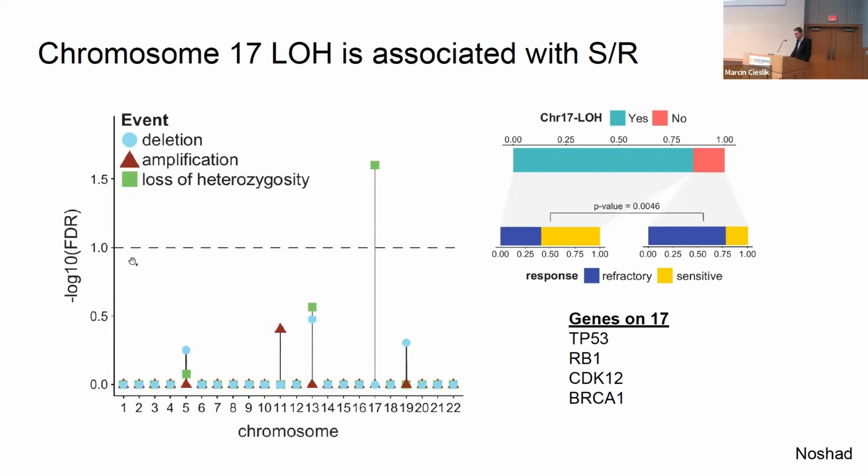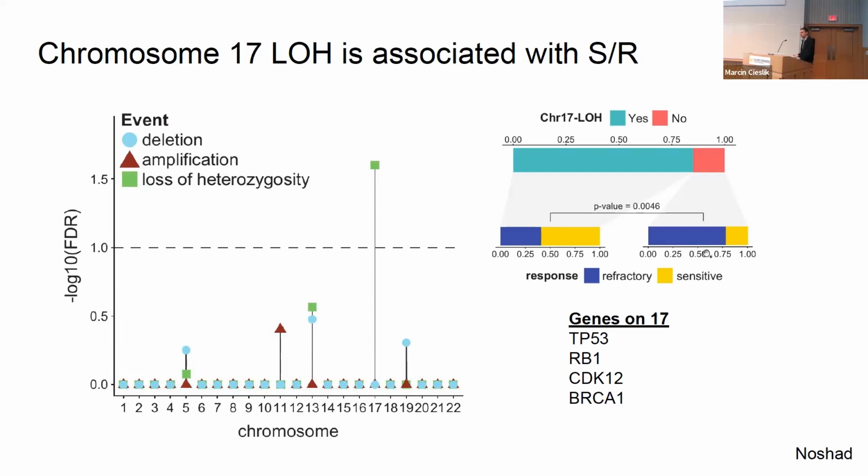And here you can see that after adjusting for multiple hypothesis testing, only chromosome 17 LOH is significantly associated with sensitivity and refractoriness. And you can see it also here. Most of the tumors have chromosome 17 LOH as expected. A small proportion of them are not. And among those that are not, there's a preponderance of tumors that are refractory.